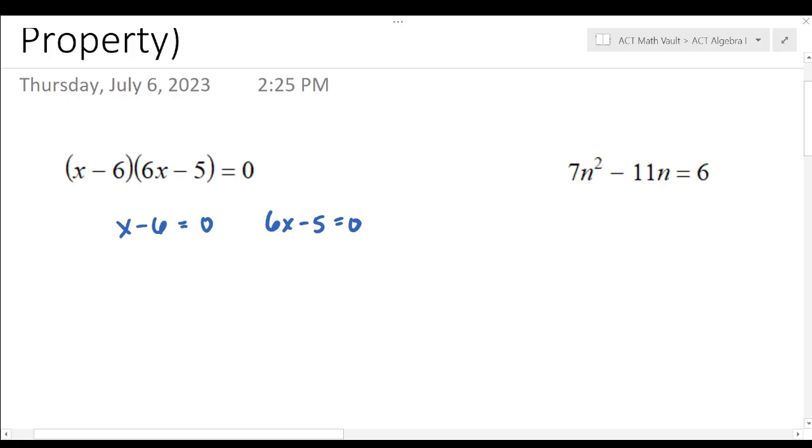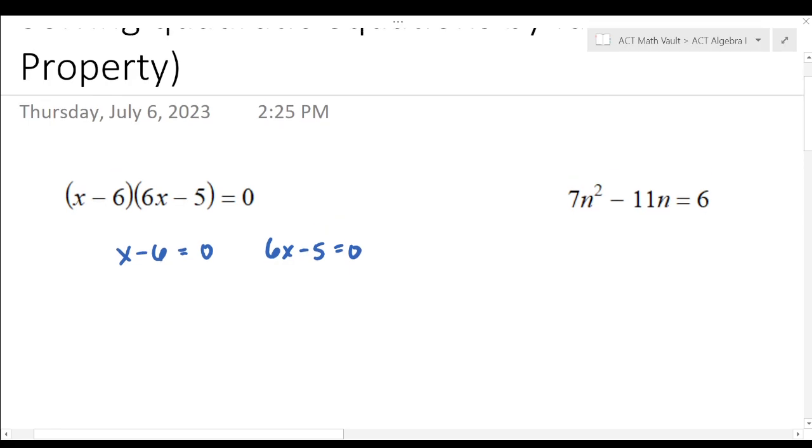Now I want to pause there and think about why that's true. When I was younger, I remember memorizing this and not really thinking about why. So let's think about the situation a times b equals 0. So we have three cases. We basically have, a would have to be 0 and b is a number.